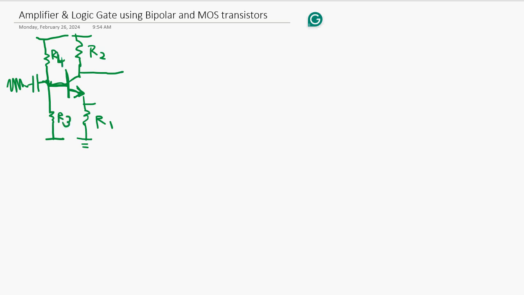R3 and R4 is a voltage divider, and sets this voltage. For this audio frequency range, this capacitor is almost zero impedance, so the base gets this AC signal.